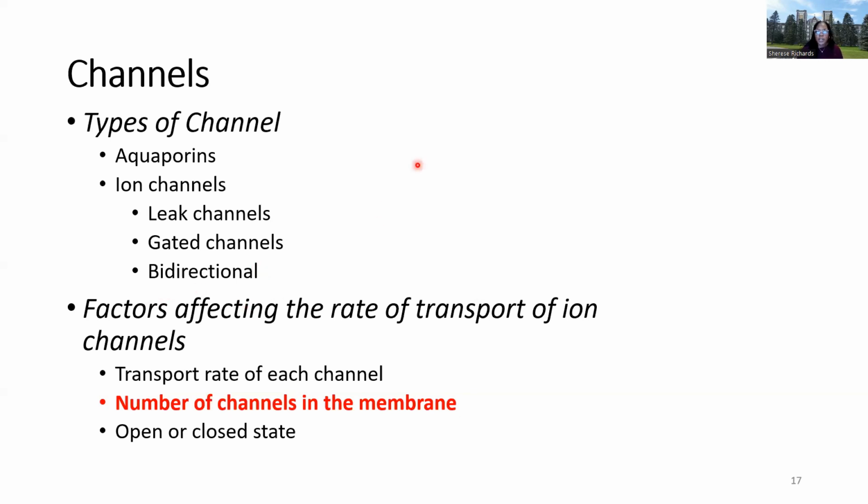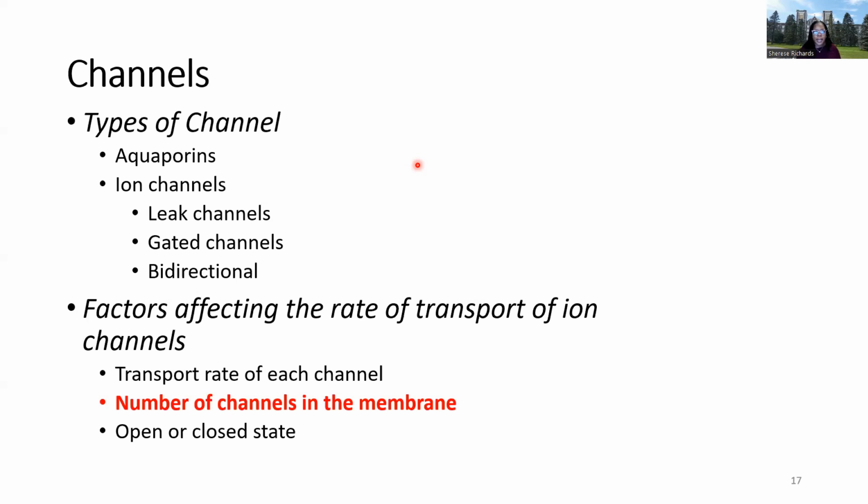Now, some of the factors that would affect the rate of transport required by ions or ion channels are basically similar to what we said for facilitated diffusion. So because we have a limiting factor, because we have a number of structures that can get maxed out, the rate of each channel transport will affect the overall rate of ion channel movement. The number of channels present in the membrane will also affect the rate of transport, and then the state of the channel.